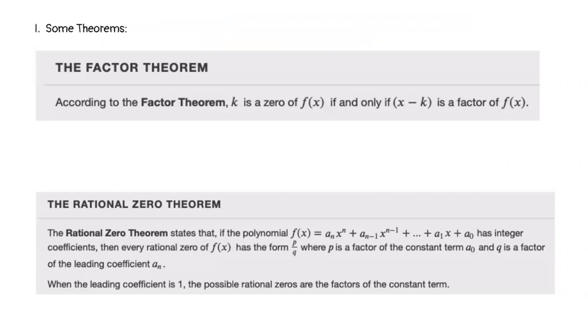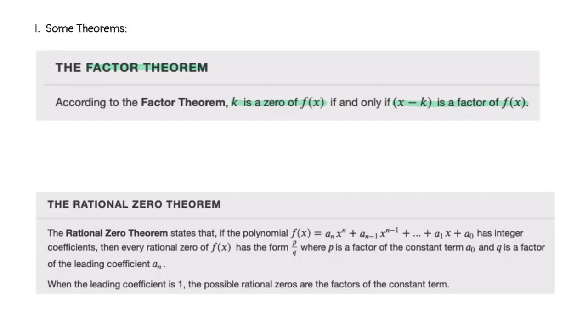In particular, we have something called the factor theorem. We have that k is a zero of a polynomial if and only if x minus k is a factor of that polynomial.